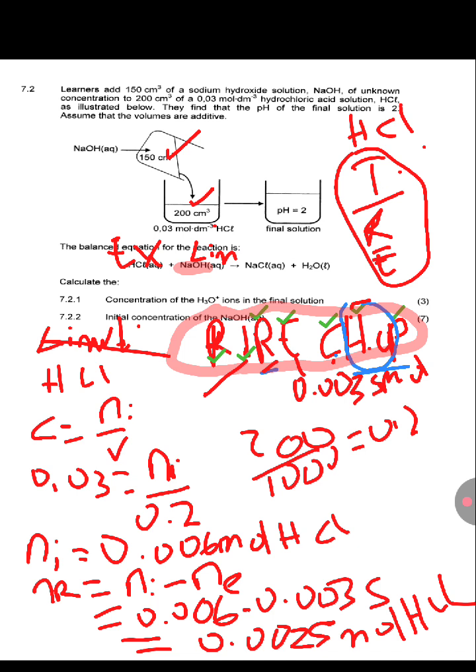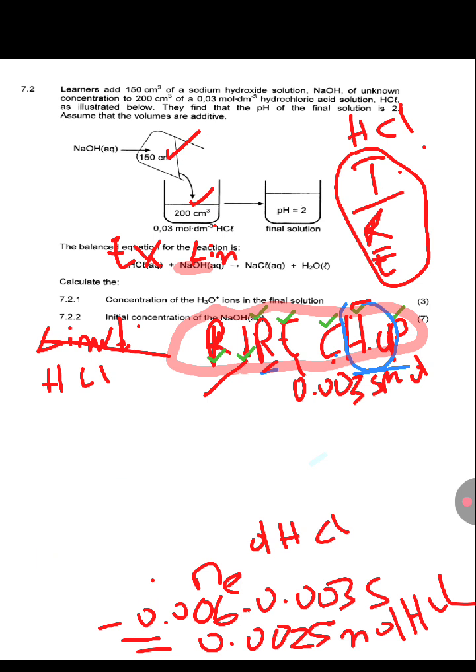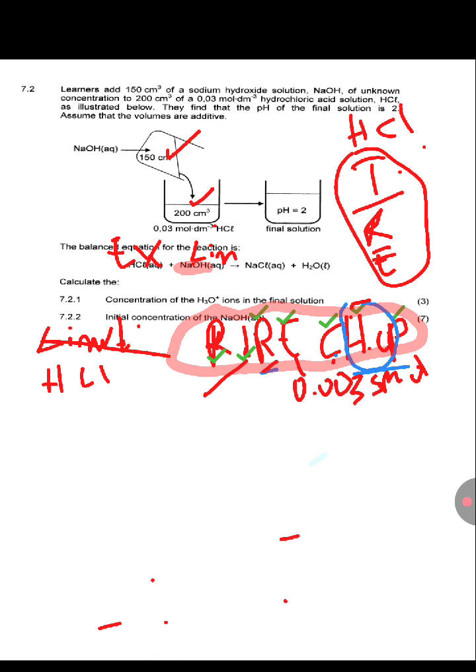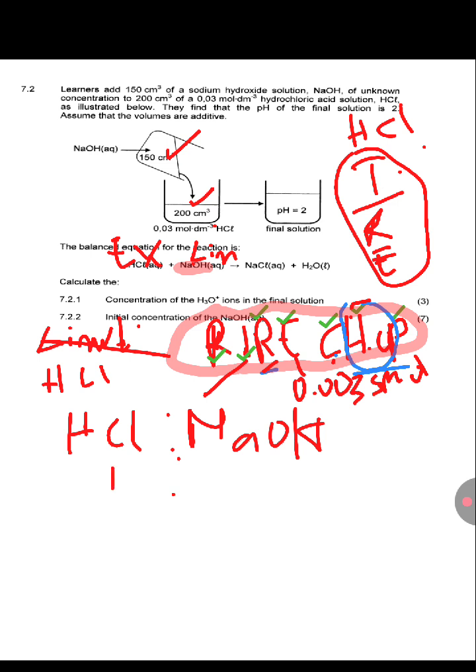So it means I'm going to use a ratio. Let's see how we can do it. I'm going to say HCl is to NaOH. Now, the ratio is 1:1, as we can see from the balanced chemical equation, right? Now, we know the number of moles of HCl.